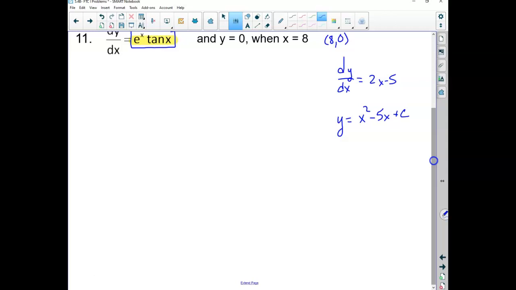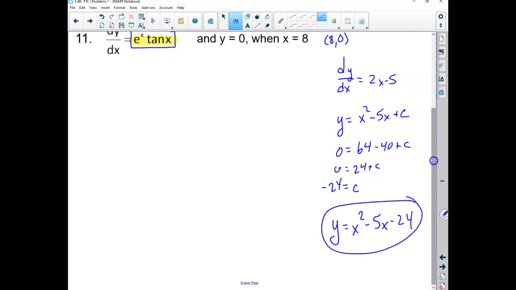All that's really doing is letting me calculate that constant: 64 minus 40 plus c, and 24 plus c is 0. Oh yeah, c has to be negative 24, so y equals x squared minus 5x minus 24. Hopefully I did that right.